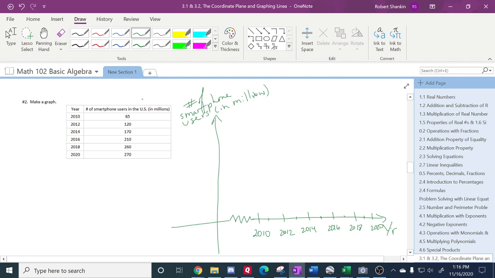And then we're going to go to 270. Probably I'm going to go by 50s maybe. And if I have like 6 of them, I can go up to 300. So it'll be 50 million, and so on.